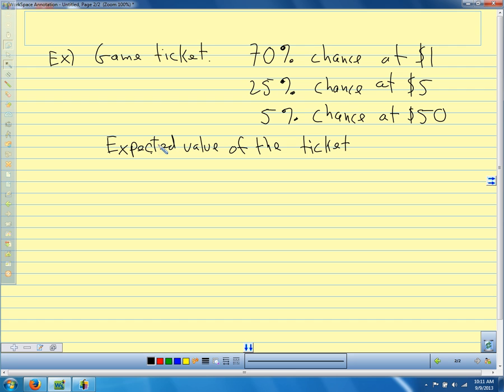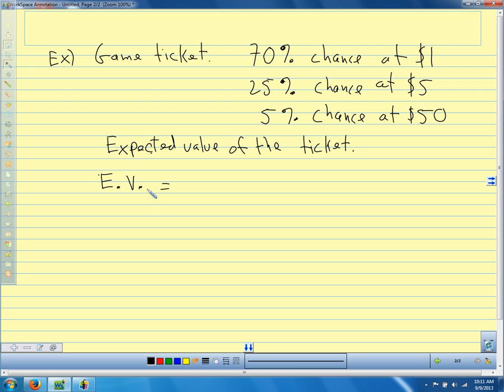So in the long run, if we bought this ticket, what do we think is going to happen? We have 3 pieces. We're going to find the expected value of each piece and then add them together. So our expected value, I'm going to use EV for my abbreviation.